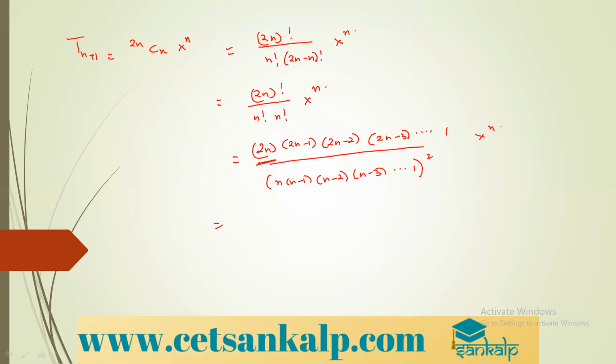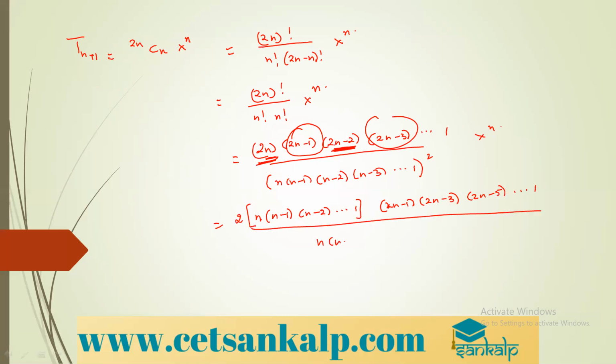Now, from a few terms from this, I can take 2 common, so that I have n minus 1, n minus 2 up to 1. The left off terms will be 2n minus 1, 2n minus 3, 2n minus 5 up to 1.